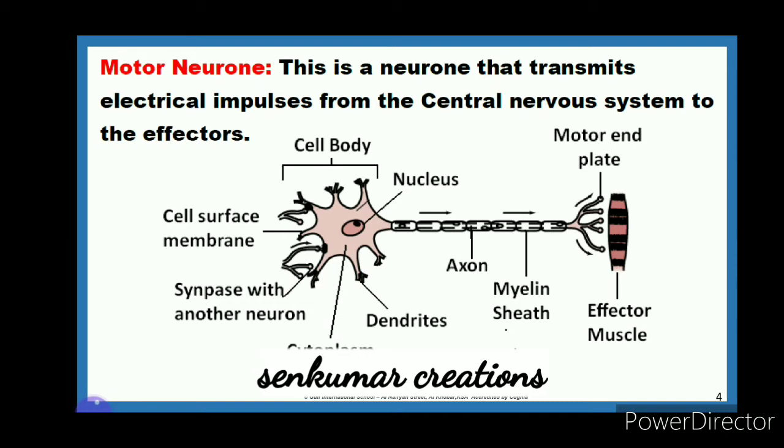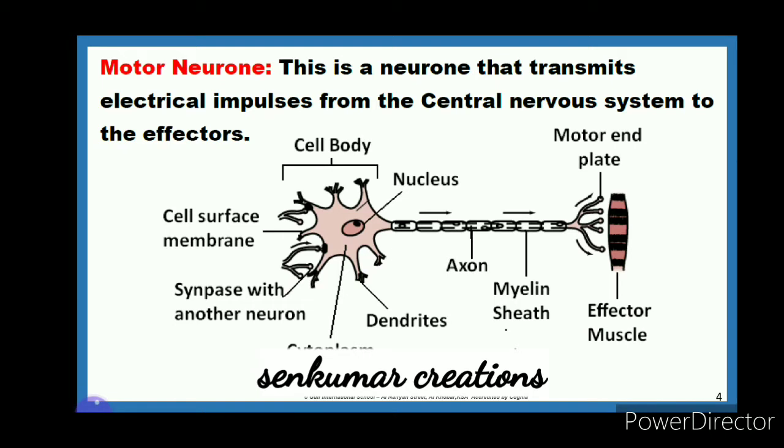This is mainly done by motor neurons. So the function of the motor neuron, don't forget, is that it transmits impulses from the brain, or you can say the central nervous system, to the effectors. This is called a motor neuron.